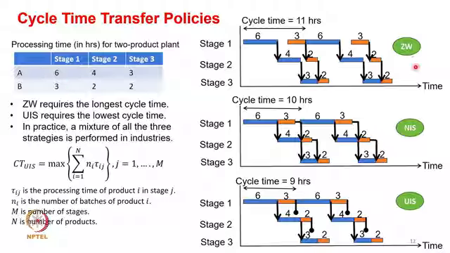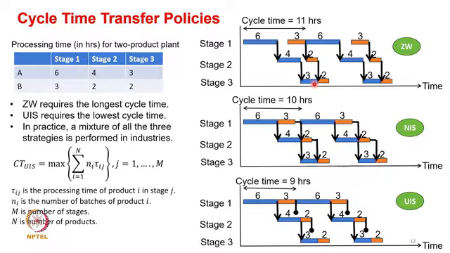So, let us look at the zero waiting time case. Let's start with product A, which is represented by blue. Stage 1 takes 6 hours, stage 2 takes 4 hours, and stage 3 takes 2 hours. Stage 1 of B only takes 3 hours, so you can start after that.